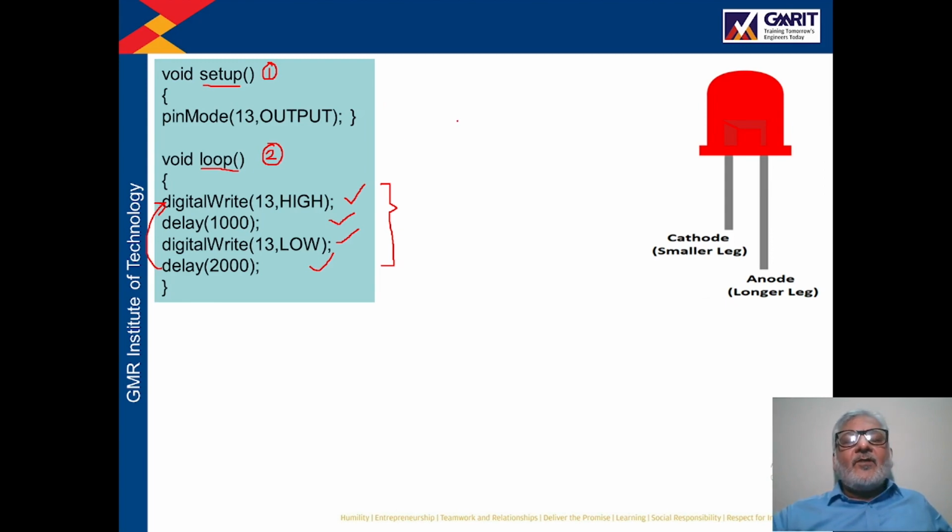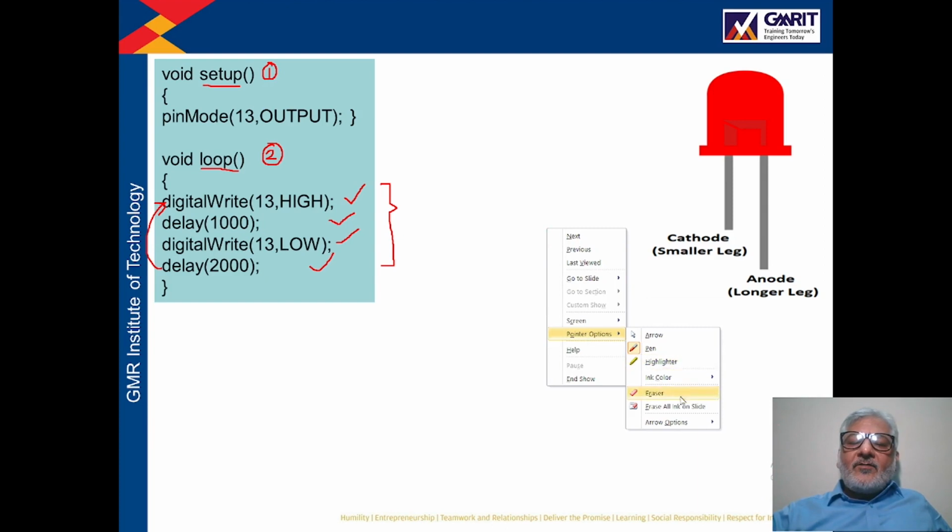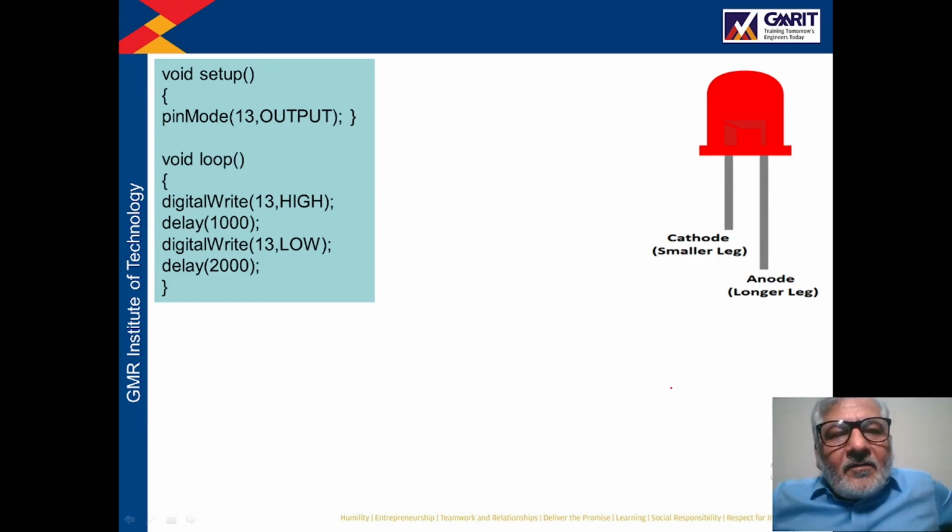Because only once we have to initialize things. We want to initialize pin number 13 as an output pin, so only once we have to do this. Once we have done it, for our whole program it will remain an output pin. So initialization is done inside the setup part. Now you see this program here.